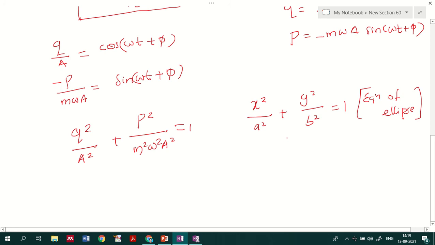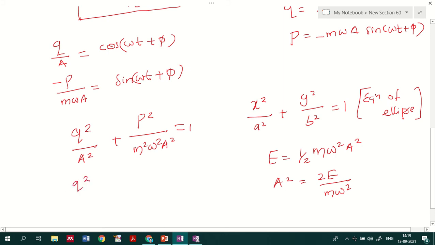Okay, so in this case let me make a small more change as well. As we know, energy is equal to half m omega square a square, and from that I can write a square equal to 2E by m omega square. Correct? So now I can substitute that into the equation.